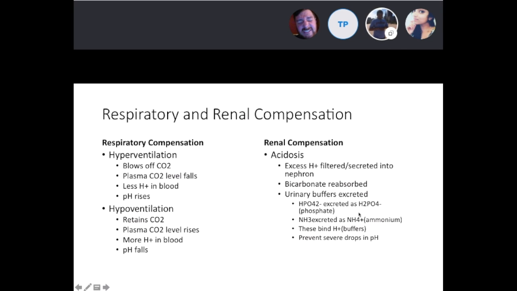You can use phosphate or ammonium as buffers, and these bind to the H+ and prevent a severe drop in pH. So that's another way your renal system compensates for an acidotic situation. And if you have an alkalosis, it's just the reverse of the acidosis, so everything is opposite.